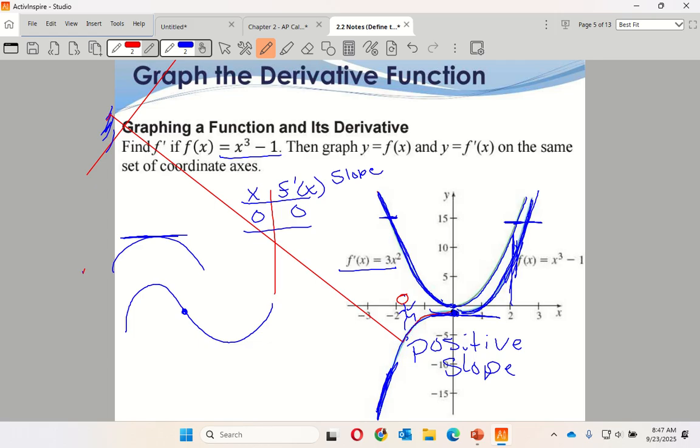But the normal has to be perpendicular to that. So right here, this has a slope of 0, right? That has a slope of 0. But perpendicular, my normal line would go this way, which would be perpendicular to the tangent.